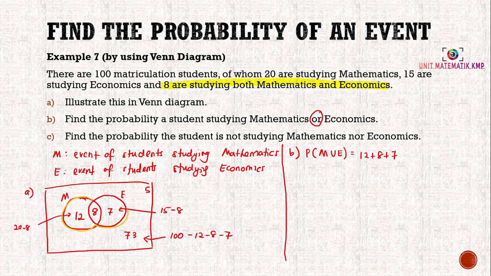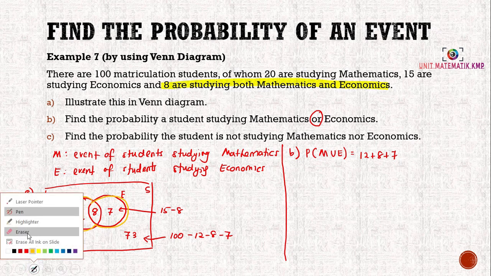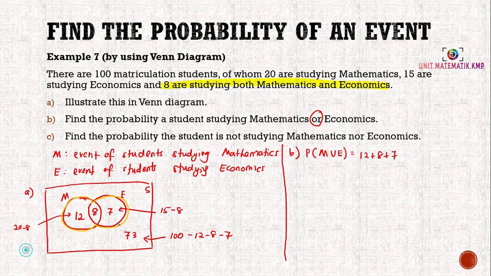So you need to add all of these up to find the probability, and then divide by the sample space, which is 100. So you get the answer 27 over 100. You can give your answer in the form of a fraction or a decimal, just give either one.